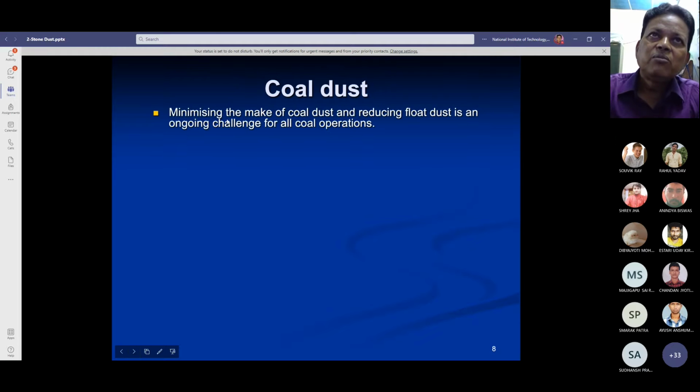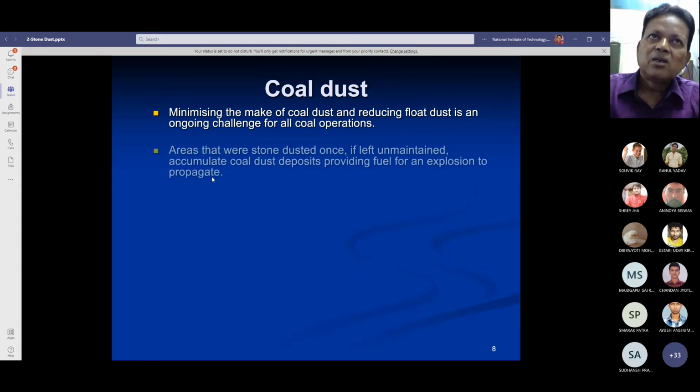Minimizing the make of coal dust and reducing float dust is an ongoing challenge for all coal operations.